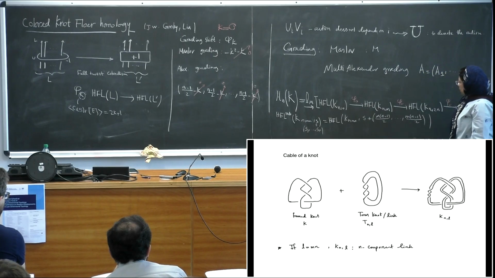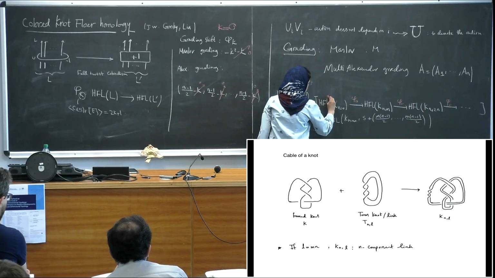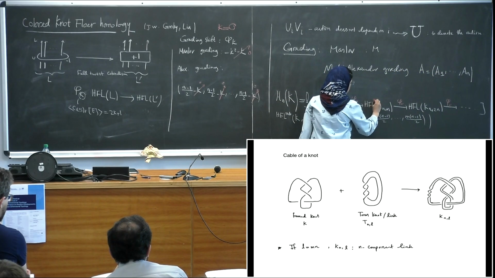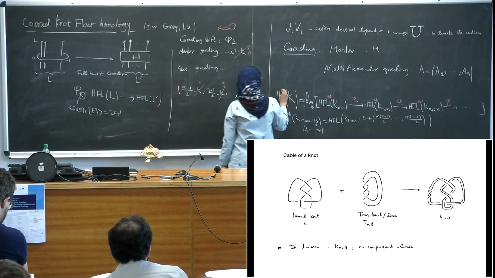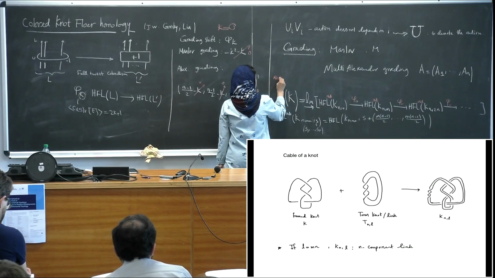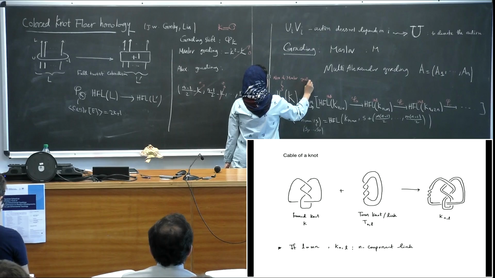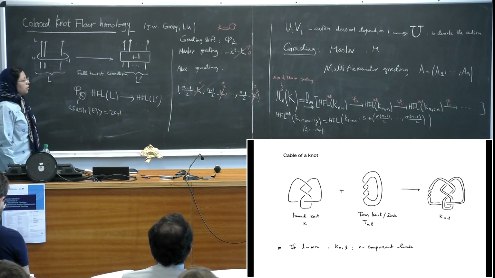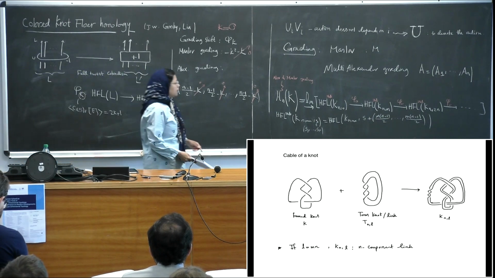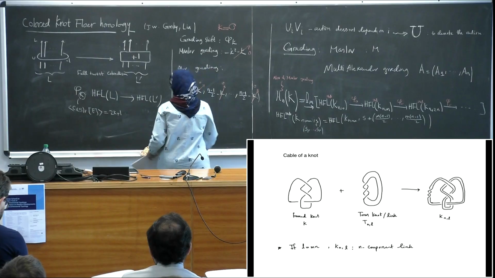Renormalizing the Alexander grading this way, I will get something which has both Alexander and Maslov grading. So the next natural question is: is it finite dimensional in each degree? The answer is yes.